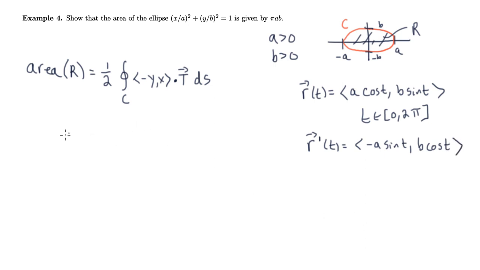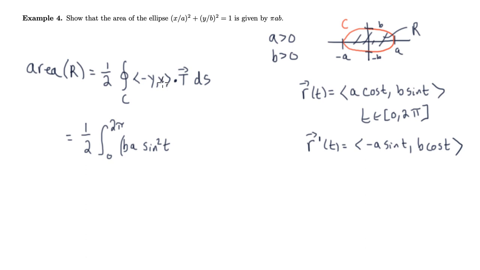All right, so we're ready to plug everything in. So the area is just this line integral, so 1/2. And then we're integrating from 0 to 2 pi of what? Okay, so we have minus y, so it's minus b sine t, dot with x prime of t here, so that's minus b sine t, and then dot with minus a sine t, so that's b times a sine squared t.